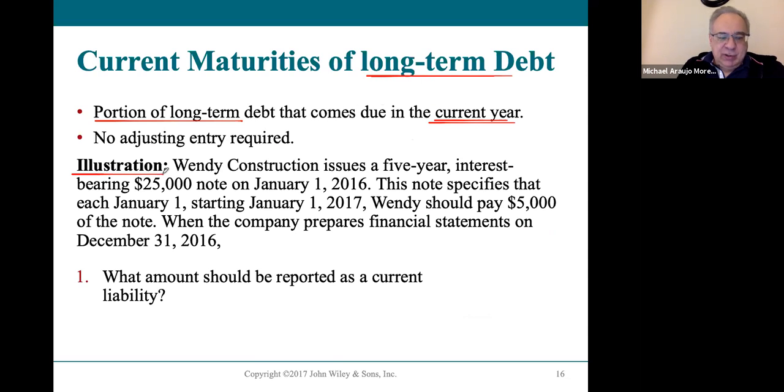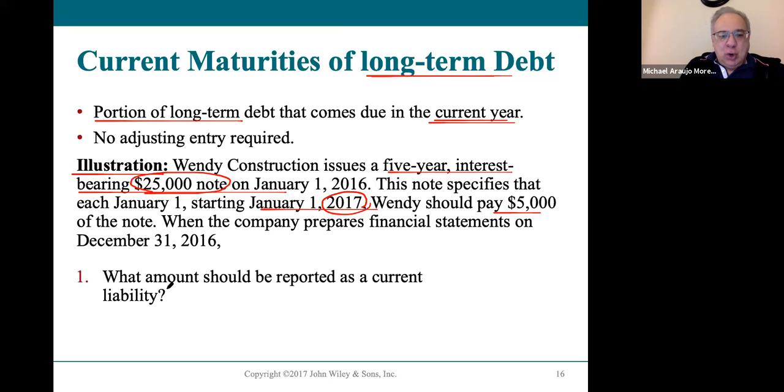Here's the illustration. You have a construction company, Wendy Construction. They issue a 5-year, $25,000 note, and the note specifically says that every January 1st, starting next year, they're going to pay $5,000 of the $25,000 back.